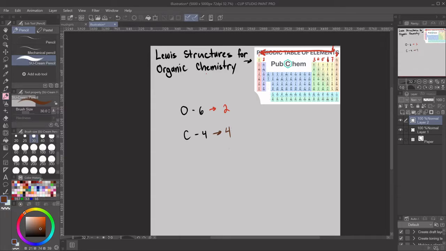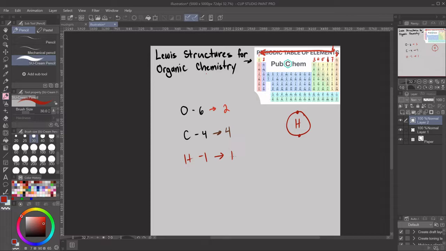So if we continue, finally hydrogen has 1 electron, and because hydrogen only has 1 electron shell, and we know that the innermost electron shell will hold 2 electrons.